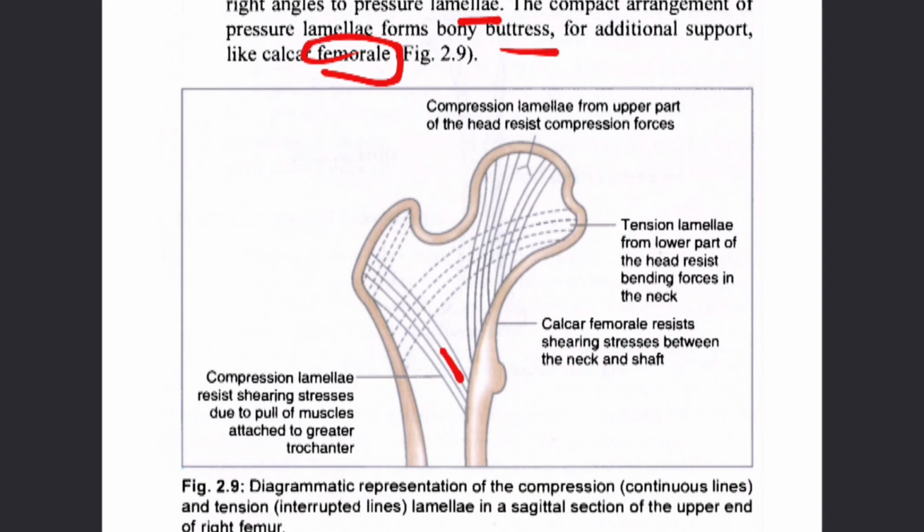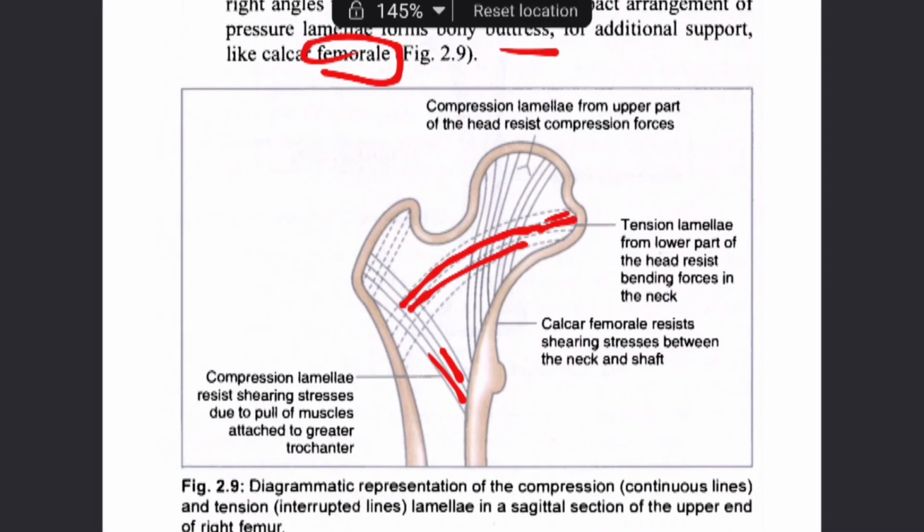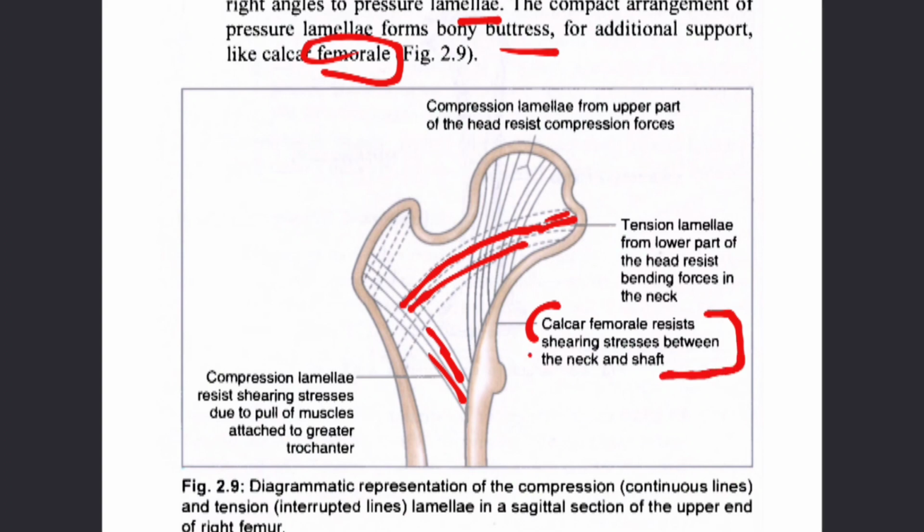These are the compression lamellae that resist shearing stresses due to the pull of muscles attached to the greater trochanter, and this is the tension lamellae that forms the lower part of the head and resists bending forces in the neck. This lamella is resisting the bending forces and this is resisting the compressive forces. And it forms the calcar femorale that resists shearing stresses between the neck and the shaft.